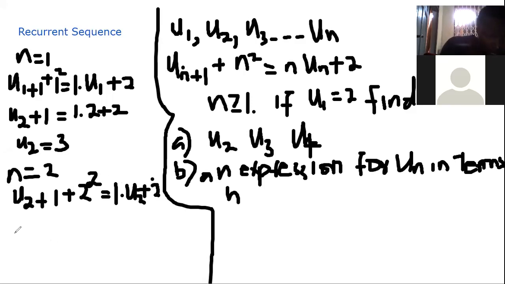Looking at this, u(2+1) here gives us u3. Plus 2 squared, which is 4, is equal to 2 times u2 plus 2. We found u2 to be 3.